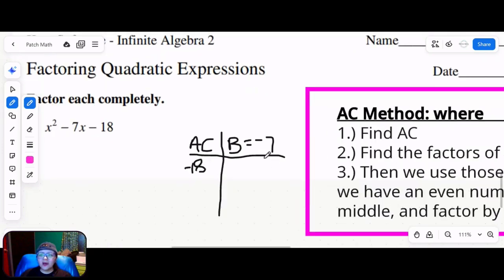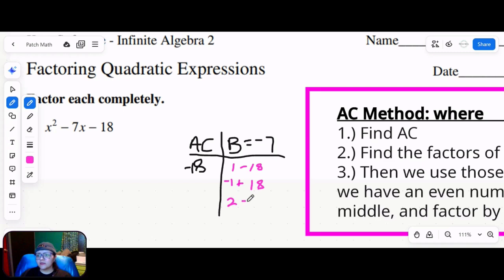So the obvious ones, 1 and 18, we have to have a negative number. So 1 minus 18, it doesn't work that way. We can use the reverse of it as well. Negative 1 plus 18. Neither of those work. All right. That's okay. Well, then we got 2 and 9.